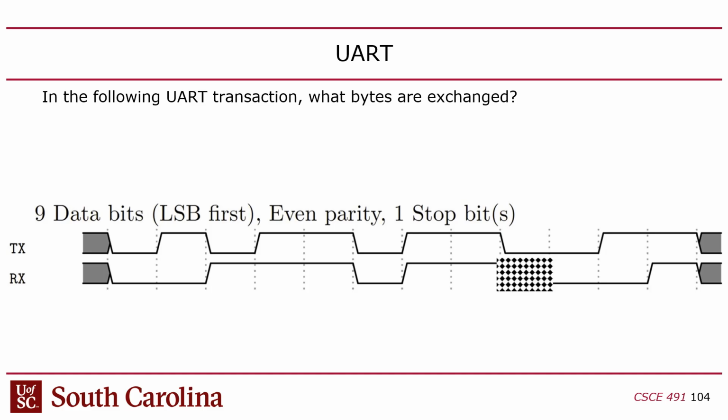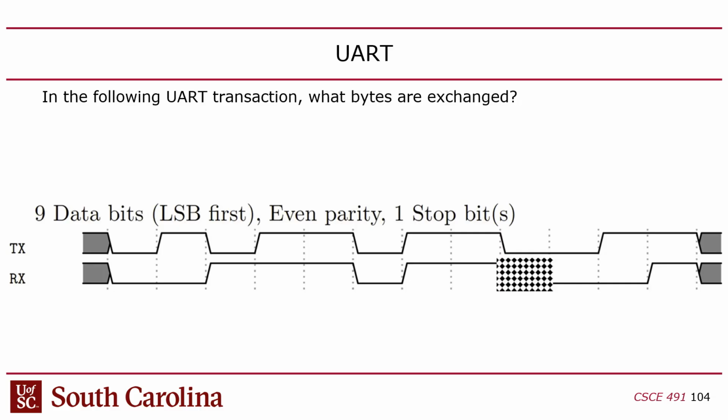But whenever I send something in this configuration, the time it takes to transmit is going to be 12 bit periods. Why? Because it's 9 data plus the start and stop, which brings me to 11, plus the parity is 12, right? So this is the difference between baud rate and throughput.